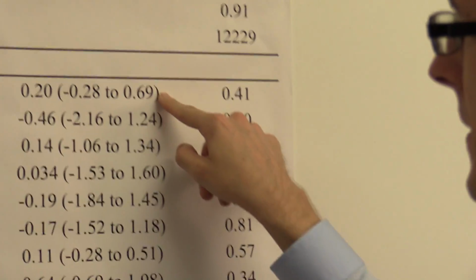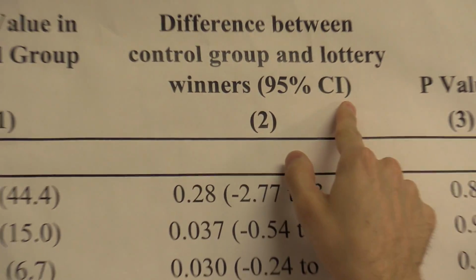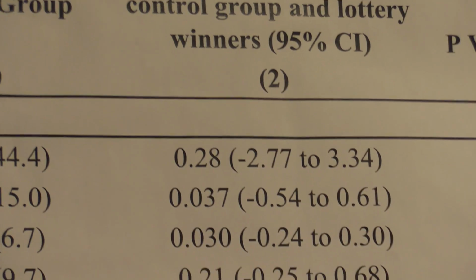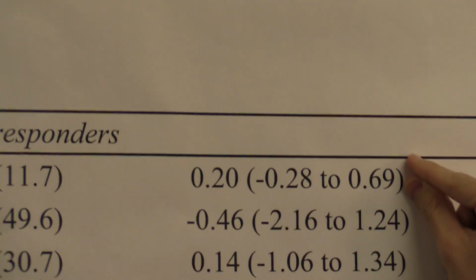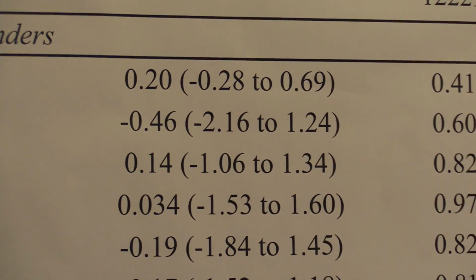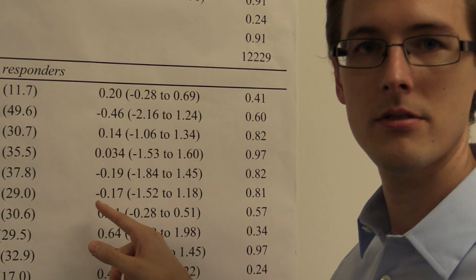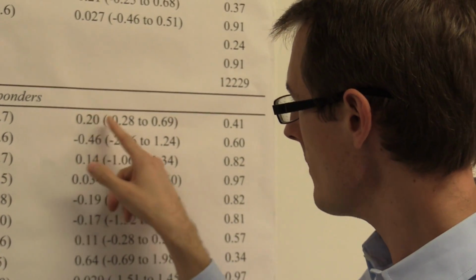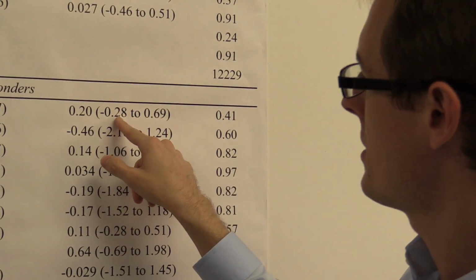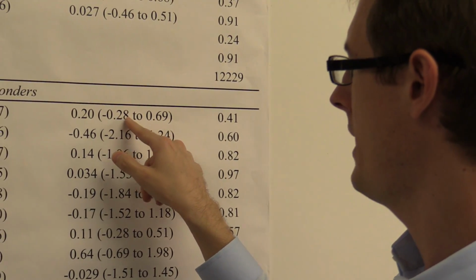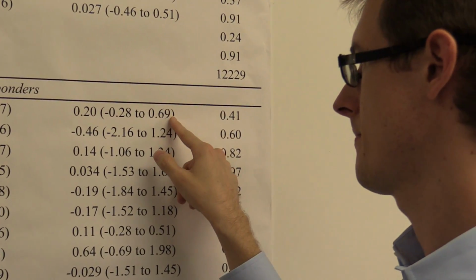Over here, in parentheses, we get something that's called a 95% confidence interval. And again, that's a way of measuring how much uncertainty there is in these numbers. Okay? So here the 95% interval is minus 0.28 to 0.69.